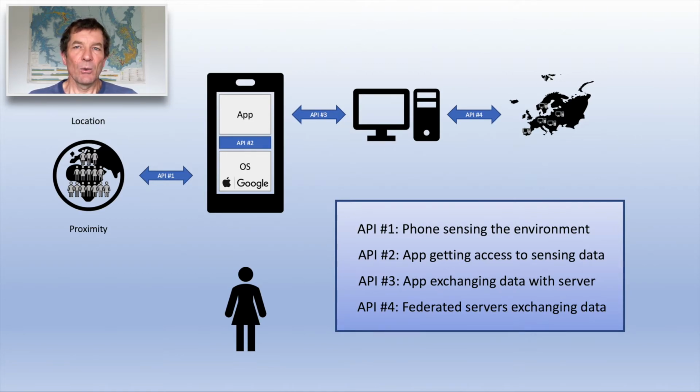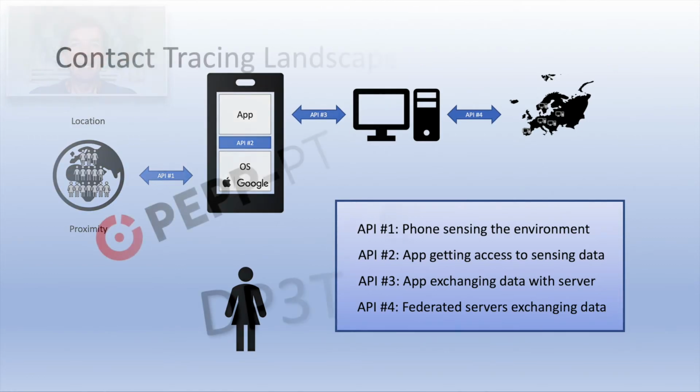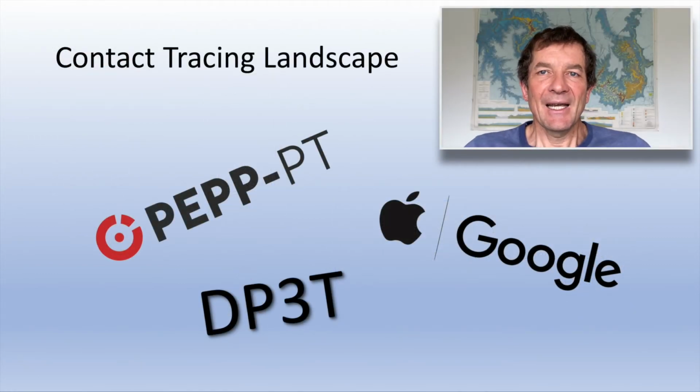And we will not go into any details now how these different information exchanges work in terms of when they are used, what kind of information is being exchanged and so forth. But this is where it's really important to understand and dissect the different approaches. And what we have now is a contact tracing landscape that sometimes may be a little bit hard to follow.